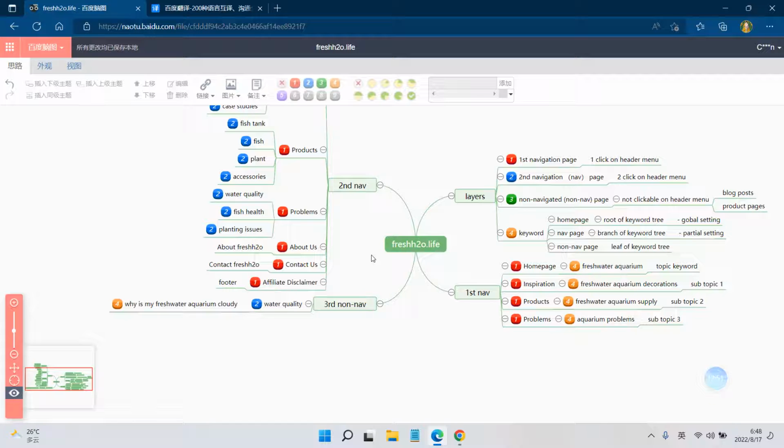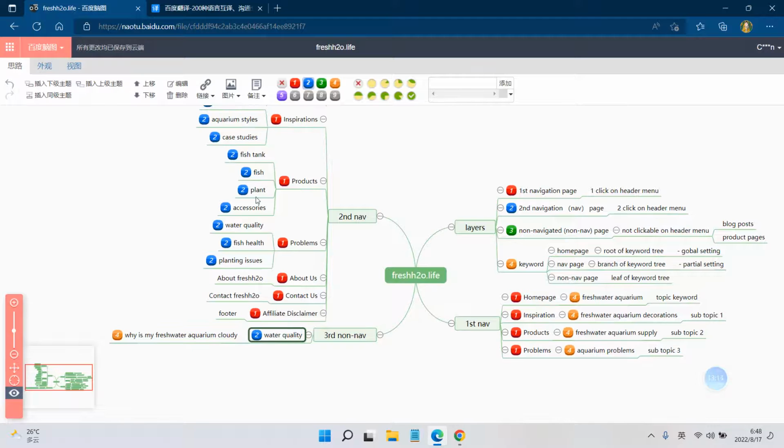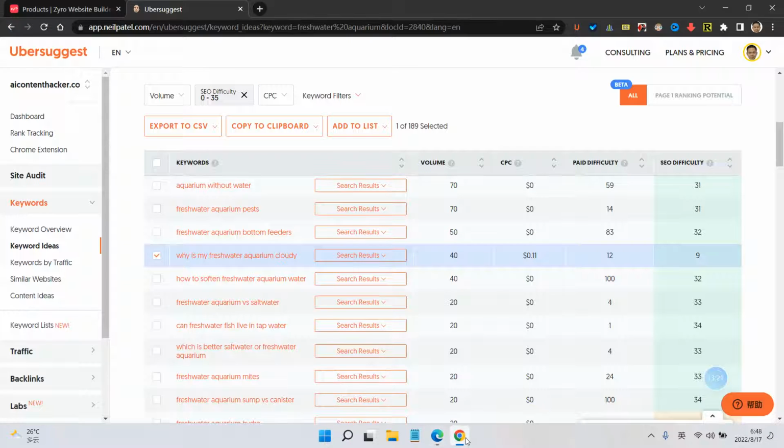So this is not clickable on the menu, but I will write a blog post to explain why the water is cloudy, and then I will make links to these water quality pages. It is the second navigation pages. So this is my thinking.